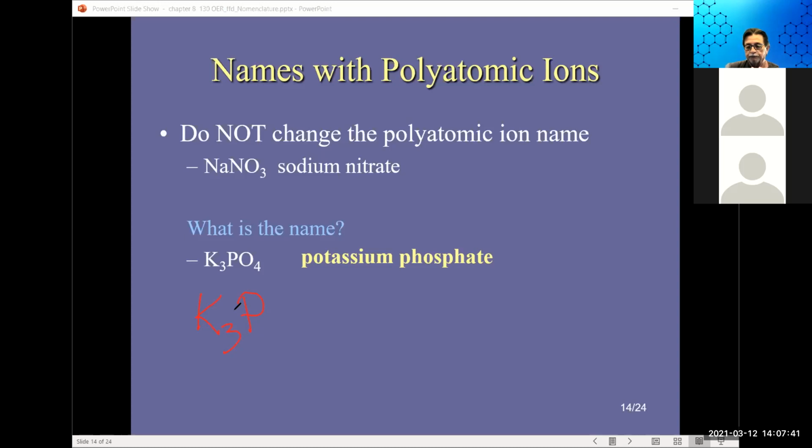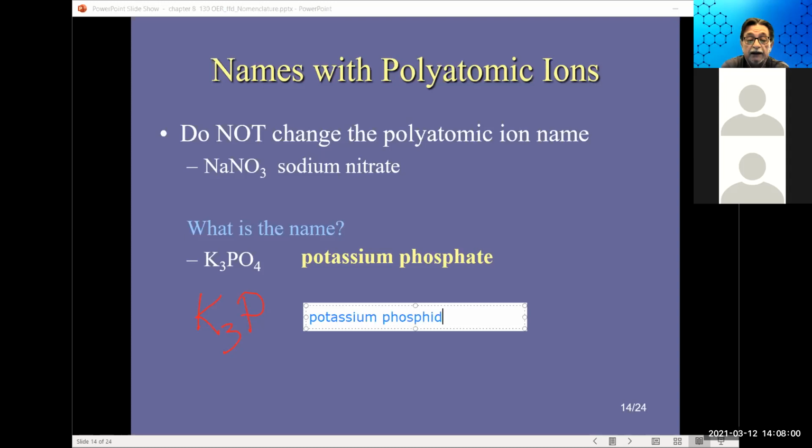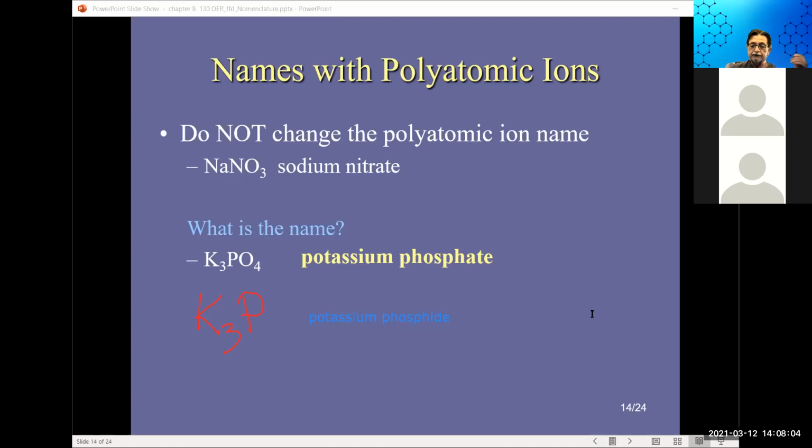There are no oxygens after that phosphorus. So what must be the name? Potassium phosphide.